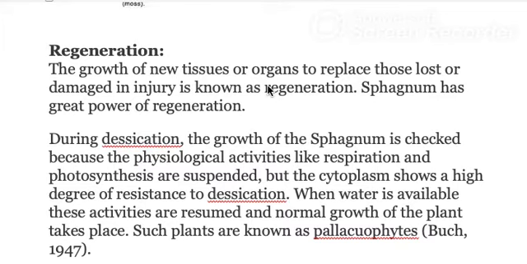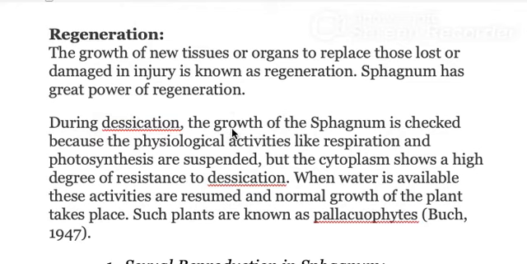Regeneration means growing or generation of a particular part of the plant from a previous part. Okay, so for example, if you injure the plant or there's a loss or damage of the plant, there is a great power to regenerate, which is present in sphagnum.